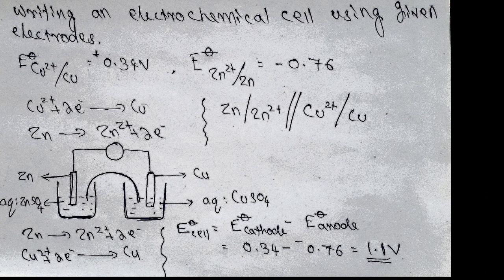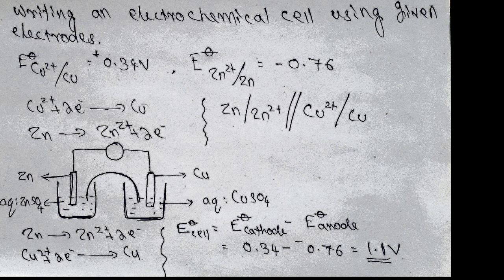This is the representation for the complete cell using a zinc electrode and a copper electrode. Here also, on the right-hand side copper is the cathode, and on the left-hand side the zinc electrode is the anode. The zinc electrode is inserted in aqueous zinc sulfate solution and the copper electrode in aqueous copper sulfate solution.